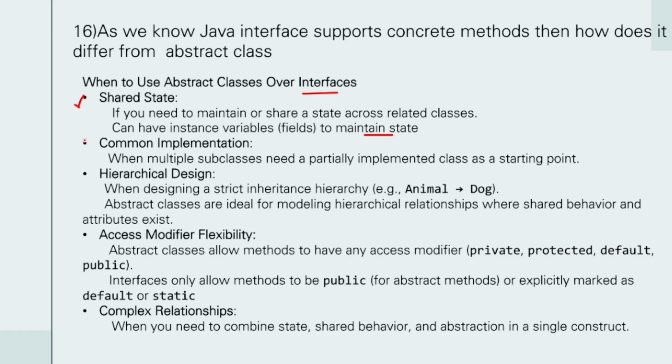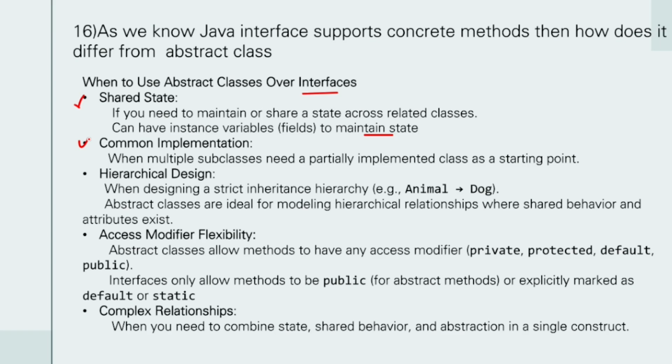Second, common implementation, when multiple subclasses need a partially implemented class as a starting point. I can understand you might say we can start with an interface as well, but there can be some use cases where we have to start our implementation with a class. In that case you can go with the abstract class.